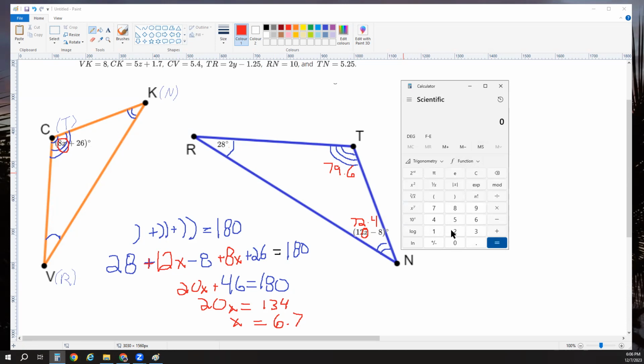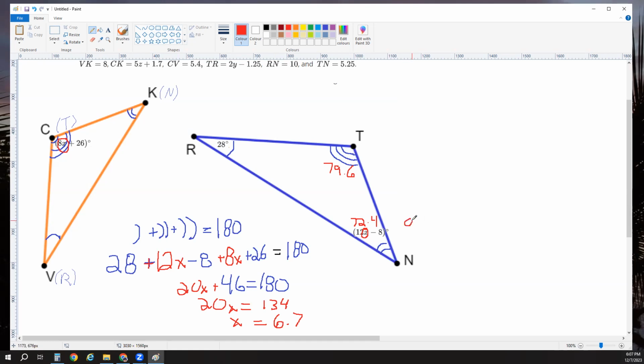12 times 8.5 minus 8 is 94. That doesn't look like 90. It doesn't look like 72.4 either, but okay.